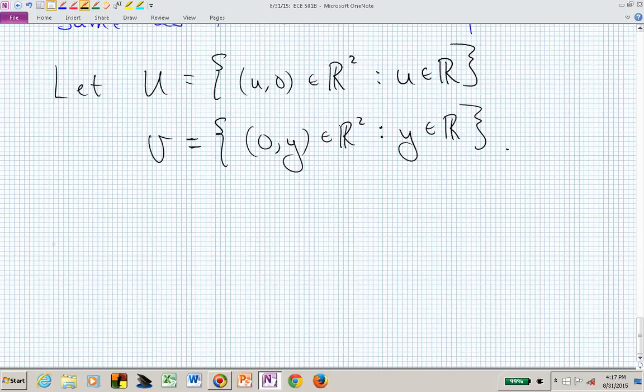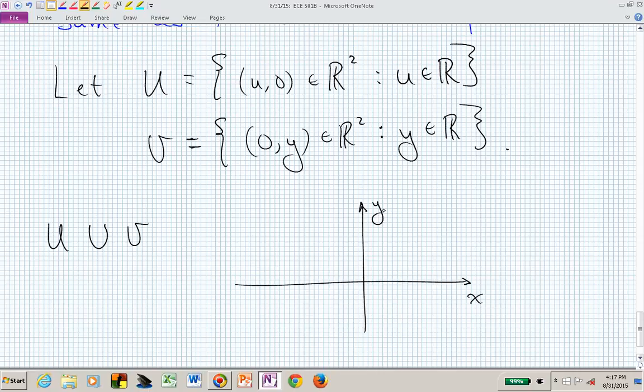Graphically, if we looked at the union of U and V, I hope that it's clear that here's U, and here is V. And the union are just those two lines.